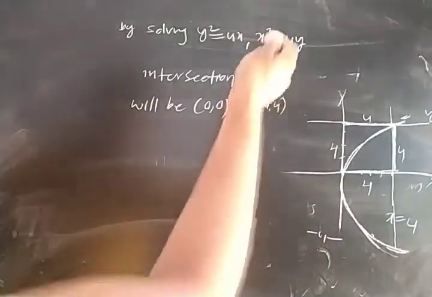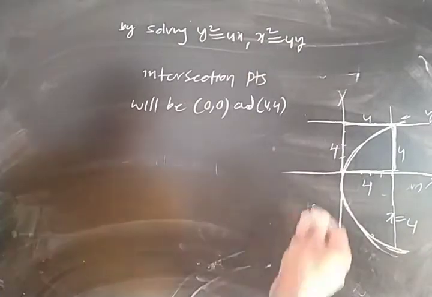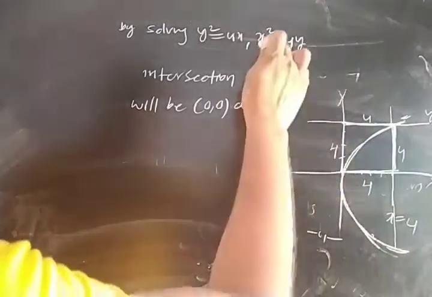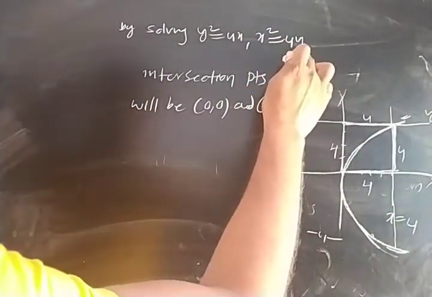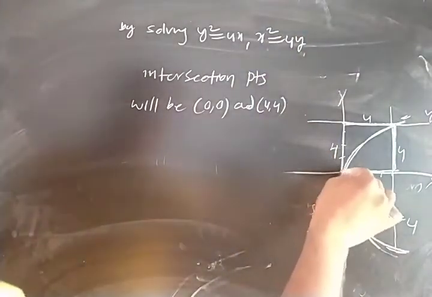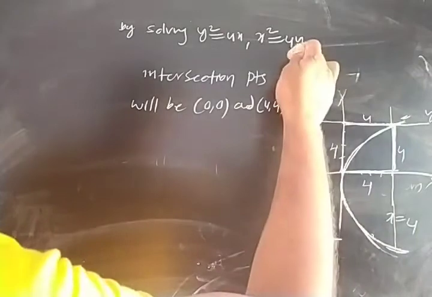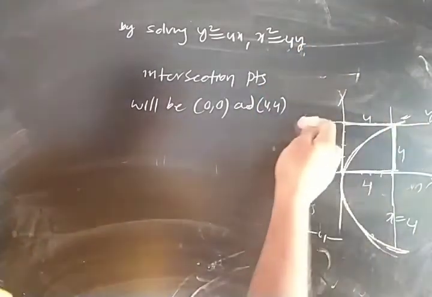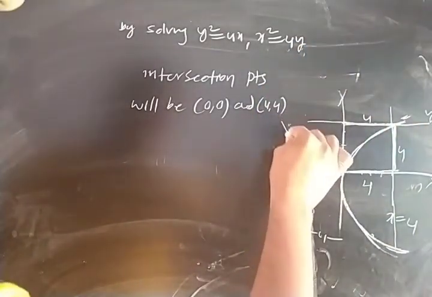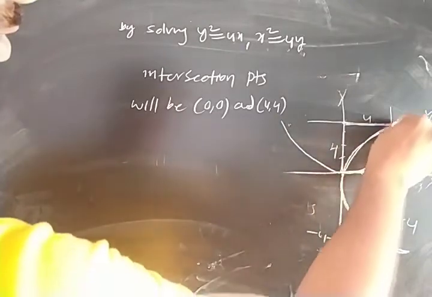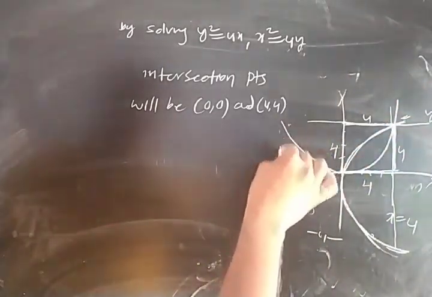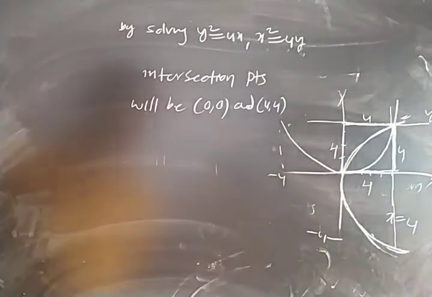Next, x square equal to 4y is symmetrical to the y-axis. If x is 0, y is 0. If y is 4, x is +4 and -4. So it will be like this, and here we have -4.